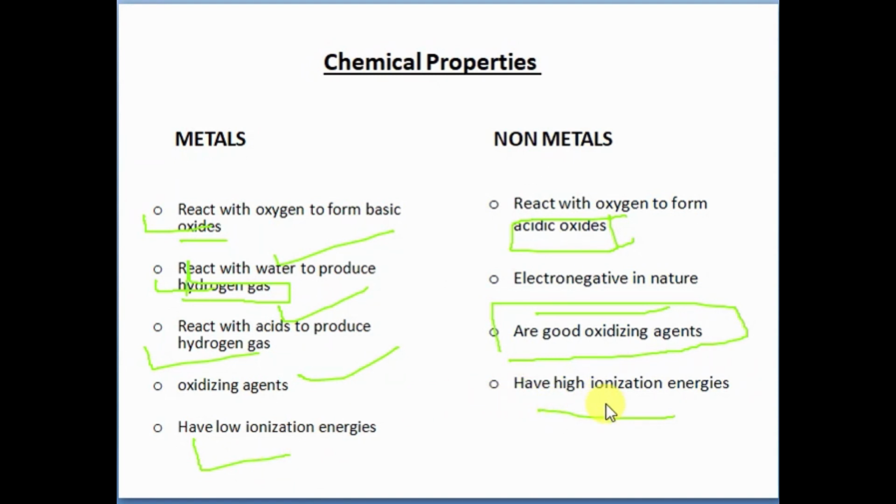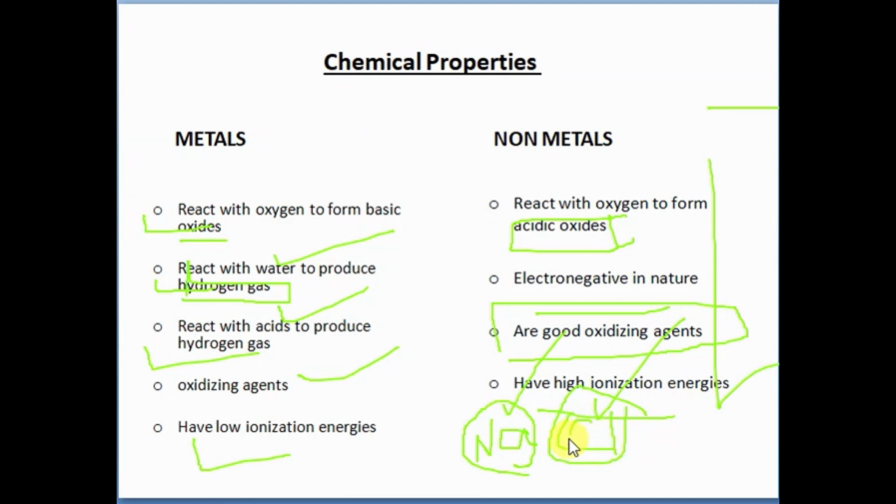That is the reason, if we talk about NaCl, Na is a metal, and Cl comes in the halogen series. Na is getting a plus charge and Cl is getting a minus charge. Plus charge means it is giving an electron. It doesn't need much effort to give electrons because it has low ionization energy.